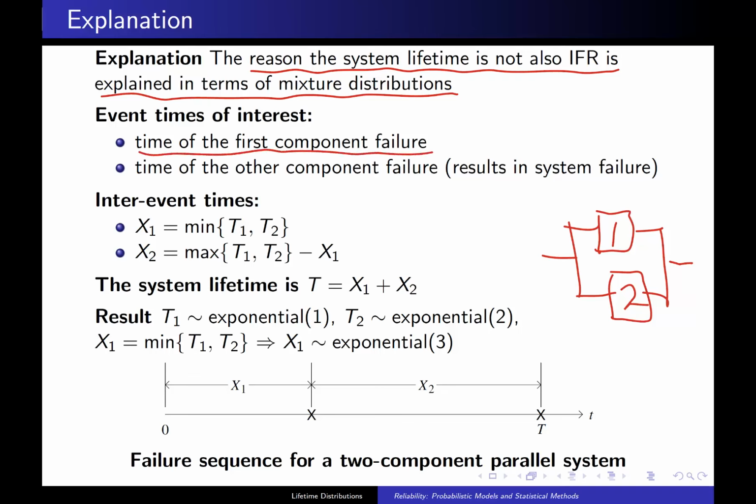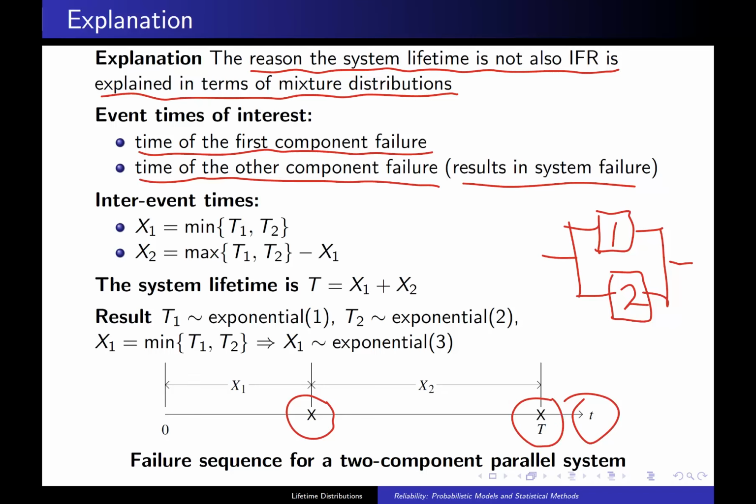And by first component, I don't mean component 1, I mean the initial component failure time. So along a time axis, here is where that first failure time occurs. Then the second event is when the other component, which is still hanging on, fails. And that, of course, for a parallel system will result in system failure. And on the time axis down here, that happens right here.